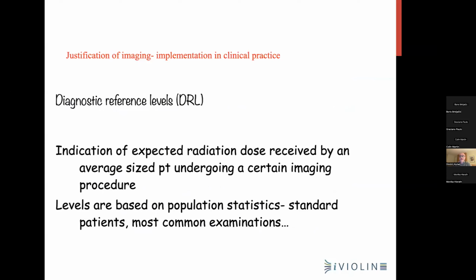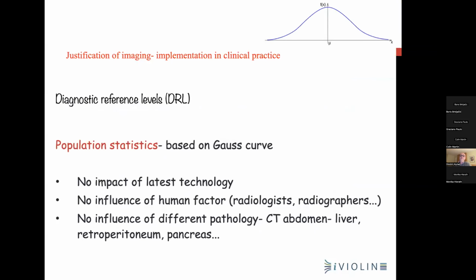Diagnostic reference levels are good because they indicate the expected radiation dose received by a patient undergoing a certain imaging procedure. Levels, however, are based on population statistics, standard patient and most common examination. Population statistics, as you all know, is based on the Gauss curve.